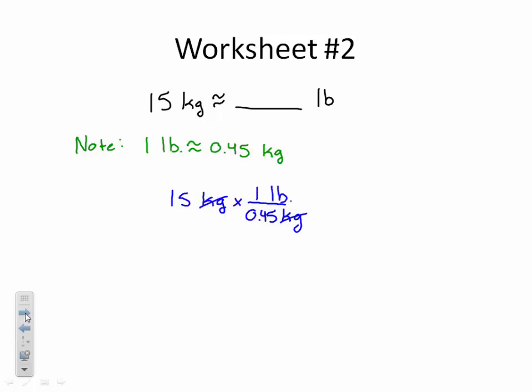We just want the pounds unit left. So that's why we want it on the top. So then when we multiply our numerator and our denominator, we get 15 over 0.45. You do that math, and you get about 33.33 pounds.